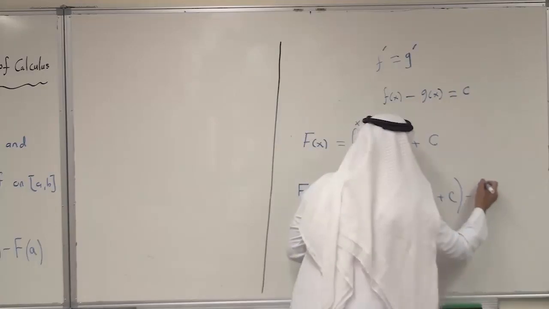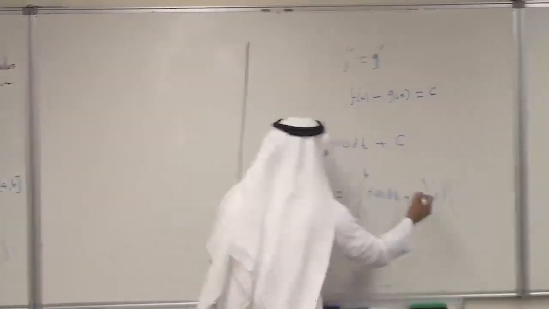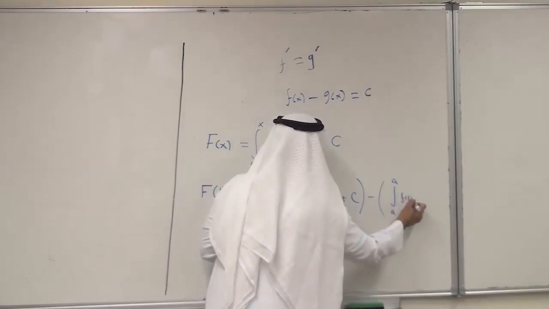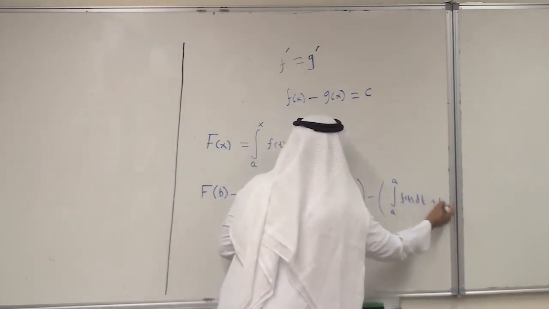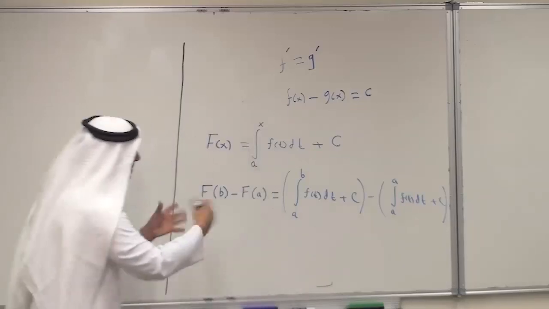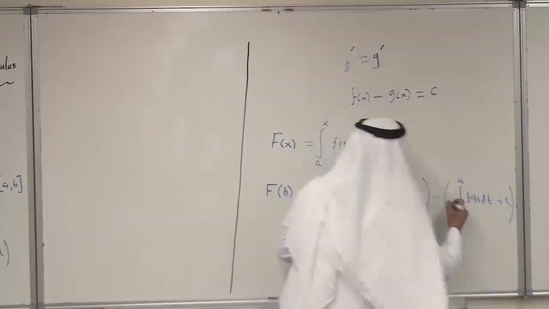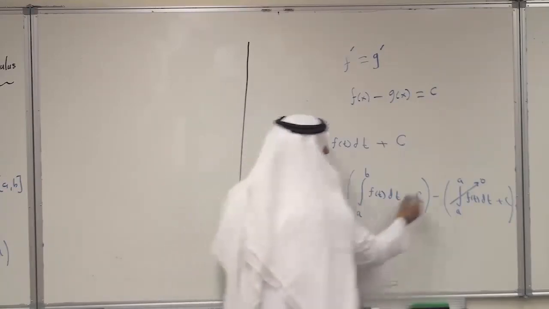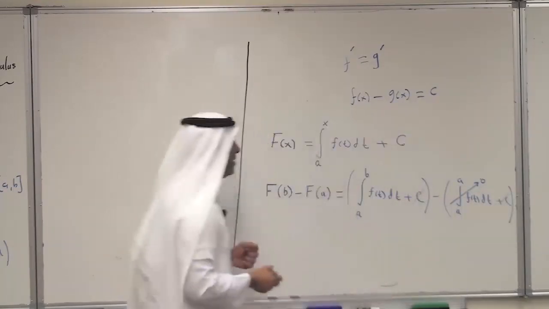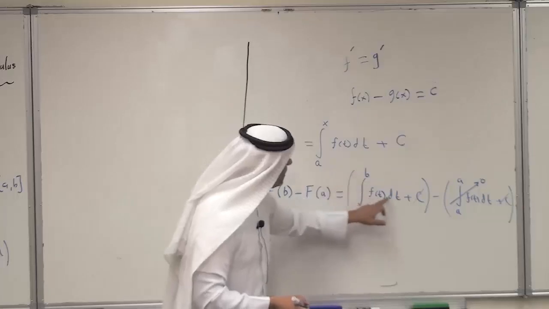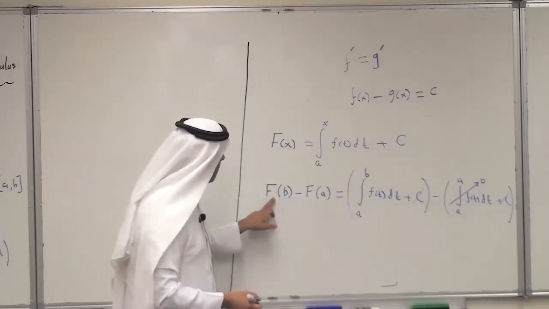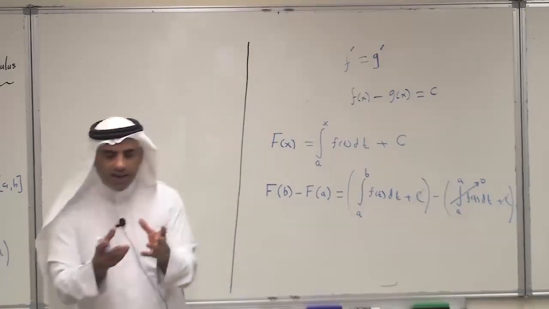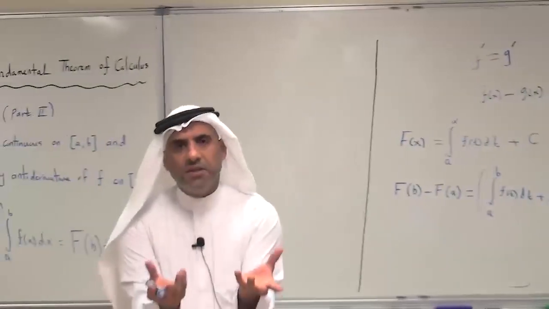Minus, if I replace x by a, I will get the integral from a to a of f of t dt plus c. When I subtract these two things, considering that the integral from a to a is equal to 0 by the properties of the integral, and the c will cancel with the c, what do we get? We get the integral from a to b of f of t dt is nothing but the evaluation F of b minus F of a. So simply that is how to find the value of a definite integral.